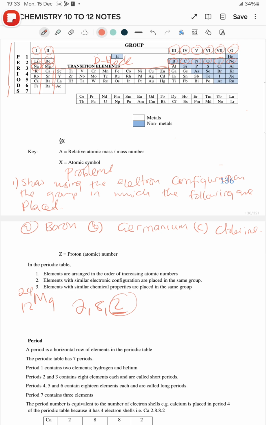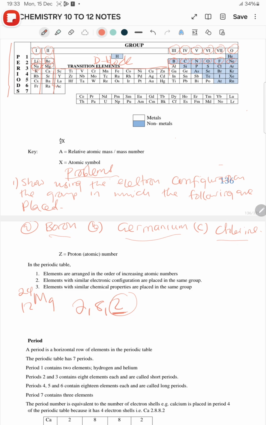So now this is the work problem that you have to solve, then send in the WhatsApp group. Show, using the electron configuration, the group in which the following elements are placed: A, boron; B, germanium; C, chlorine.